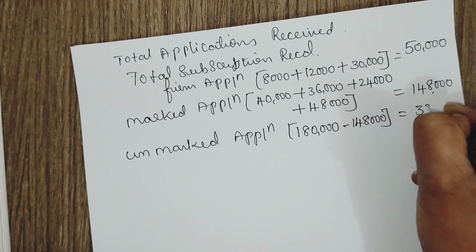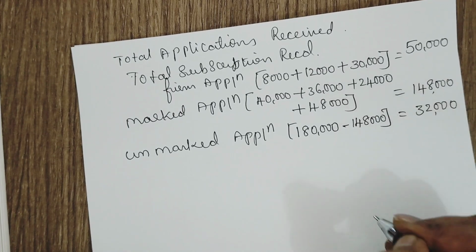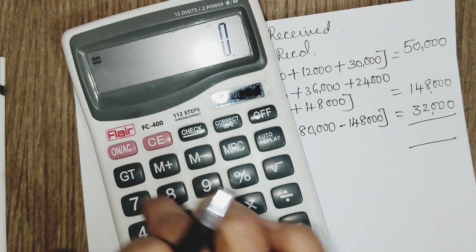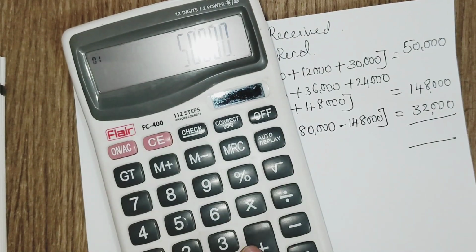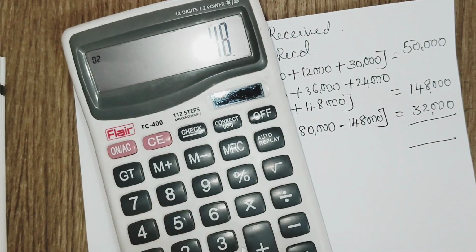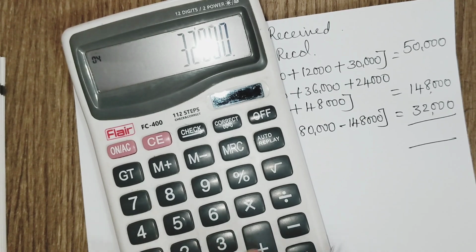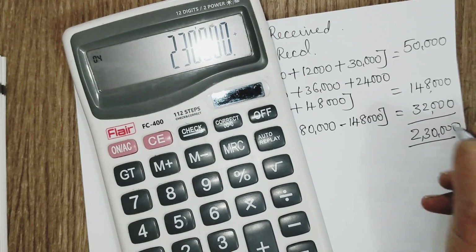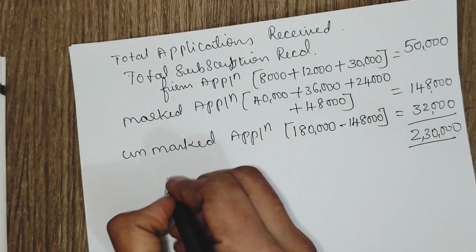So the remaining balance is 32,000; that will be our unmarked applications. So the total applications received are 50,000, 1,48,000 and 32,000. Total it is 2,30,000.